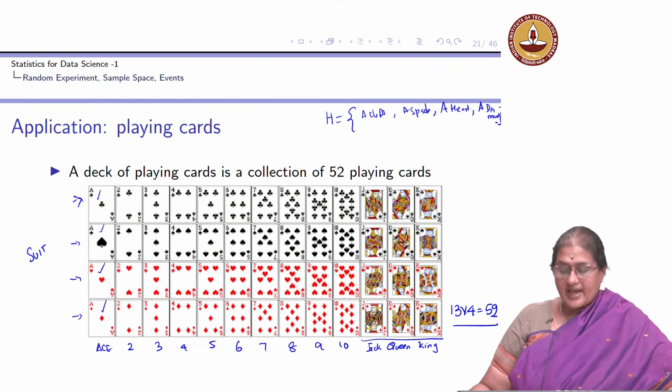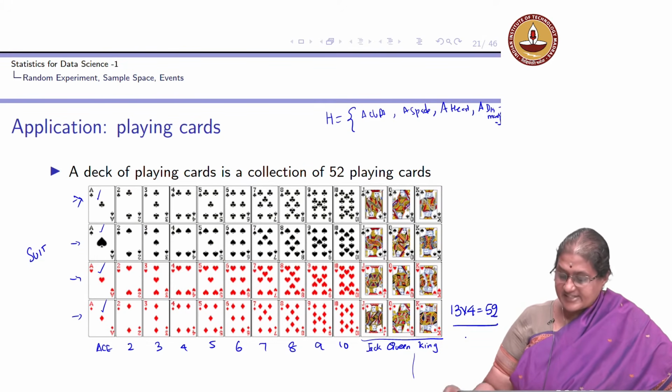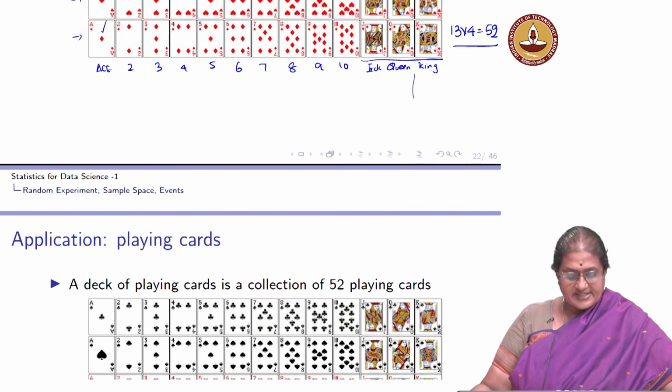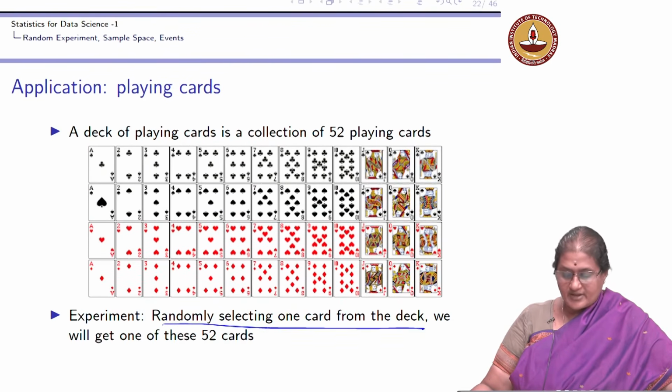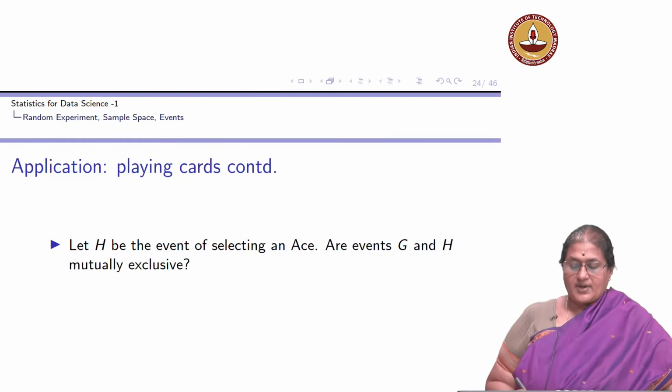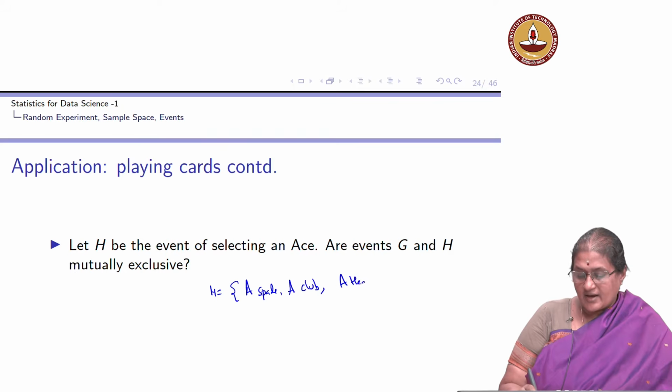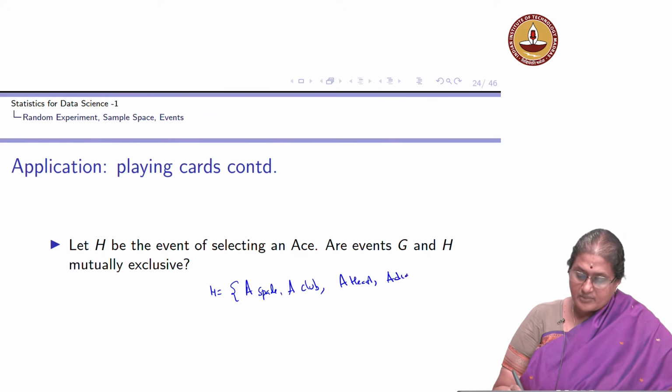That is my H. So, my event H is a collection of playing cards: a spade, a club, a heart and a diamond.